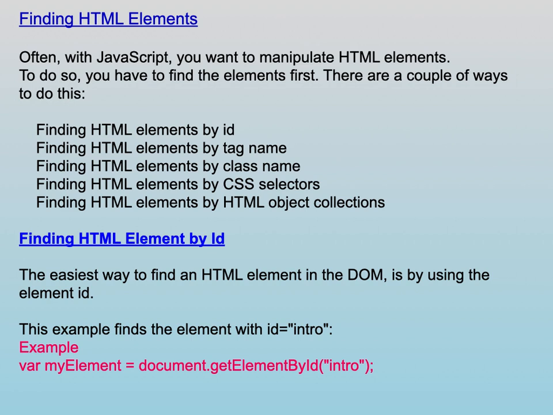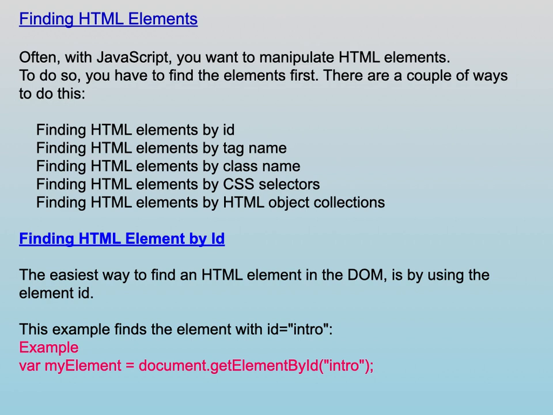First we will see how to find HTML elements by using the ID. The easiest way to find an HTML element in the DOM, the document object model, is by using the element ID. This example finds the element with ID equal to intro. In our example, var myElement = document.getElementById("intro"). So myElement is a variable that will hold the particular element after executing document.getElementById("intro").